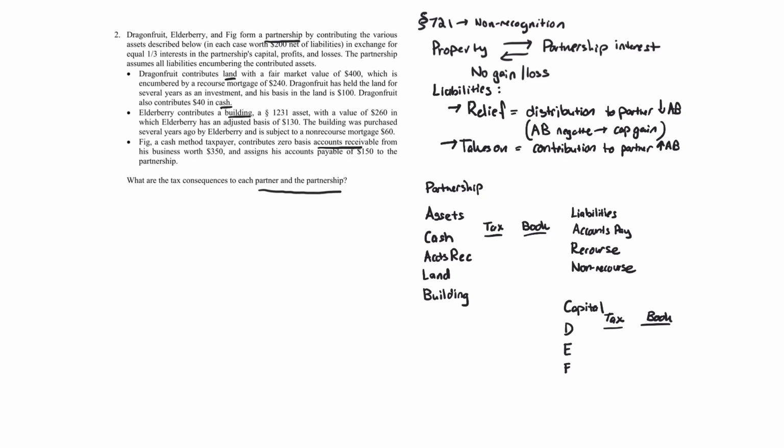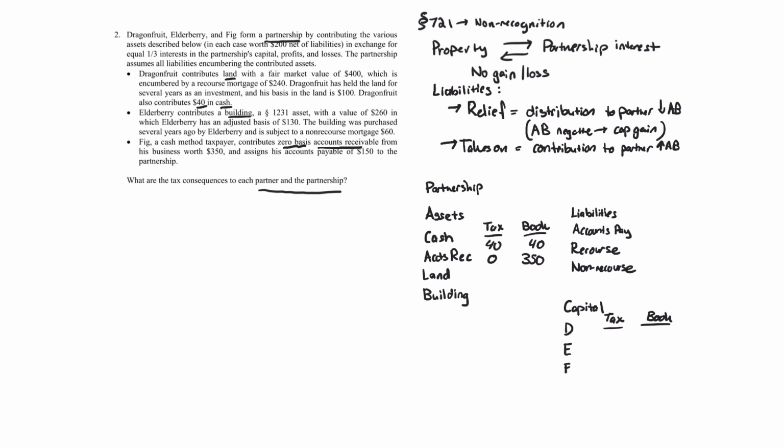So again, remember, every non-recognition rule has a corresponding basis rule. The corresponding basis rule for the partnership is inside basis, we carry over the basis. So the cash is just going to be the face amount, $40 for both of these. Accounts receivable, 0 basis and a $350 book value.